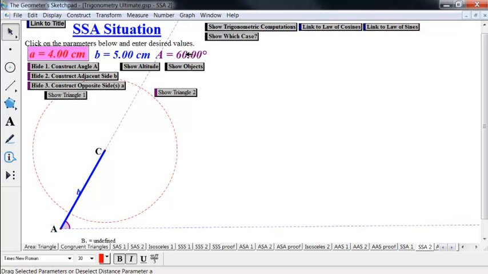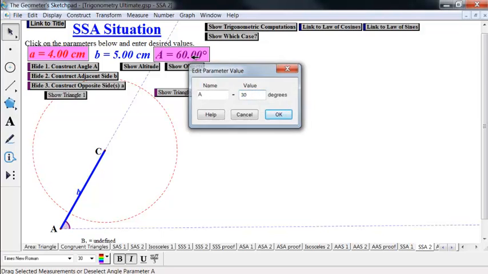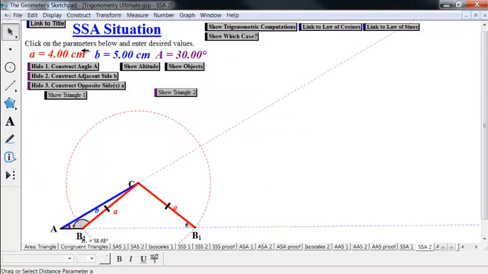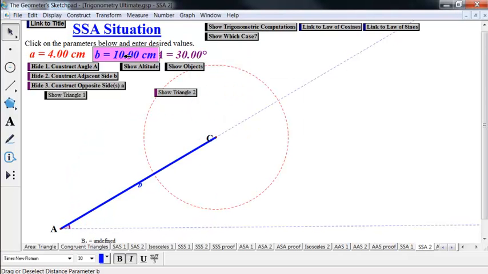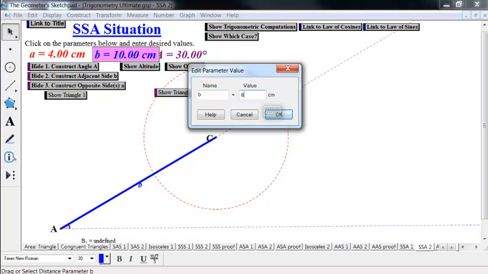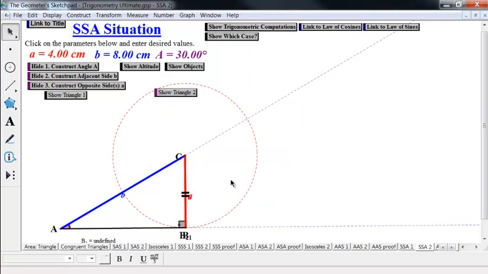Let's let this be 30 degrees, and let this one be 10, and this one be 8. Okay, there's an example of the one solution situation, where it's a right angle right there.